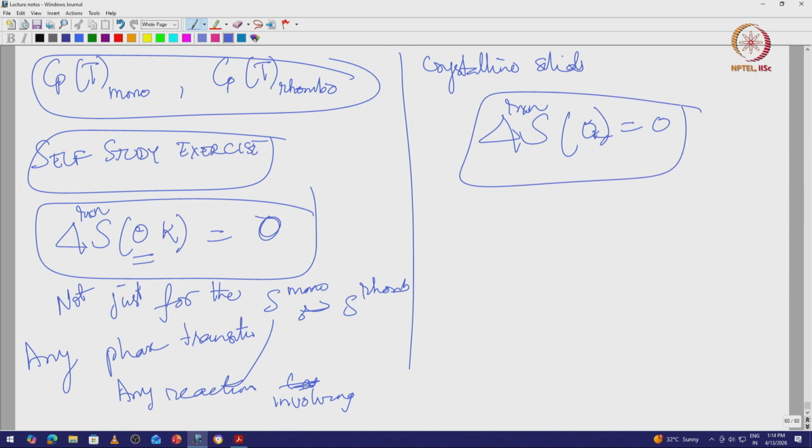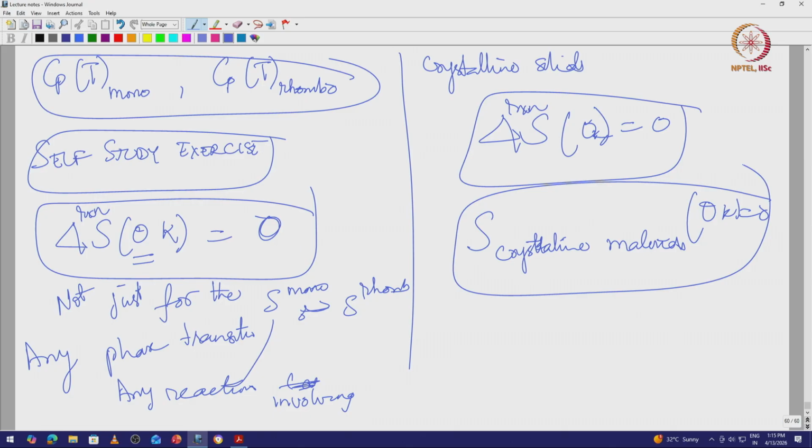And this is only possible if S of all these, let us say crystalline materials, at 0 Kelvin is equal to 0.